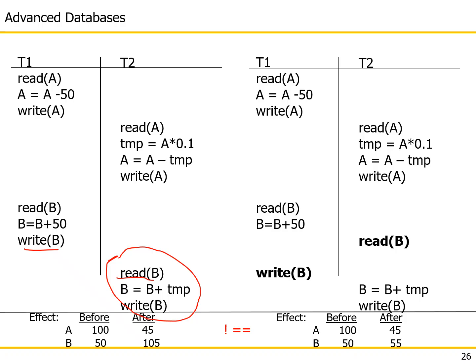So I'm reading the new value of B. We didn't have a chance to do that on the right-hand side because the context switch happened a little bit earlier than what we wanted. So the schedule that you're seeing on the right-hand side here is not serializable because there is no serial schedule that will give you 45 and 55. And this is really an inconsistent state in the database.